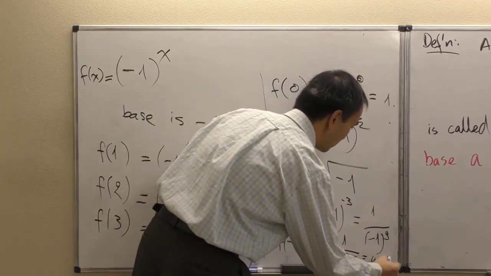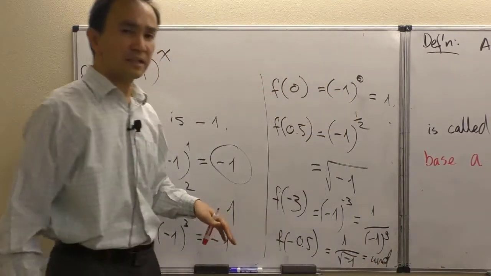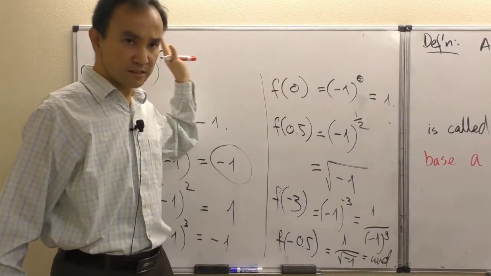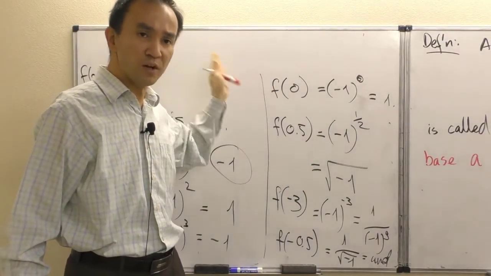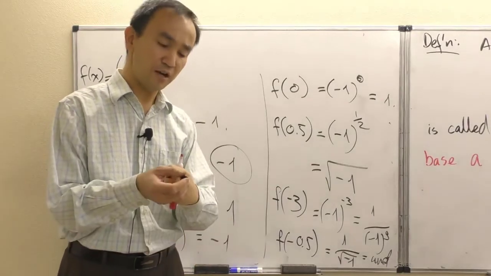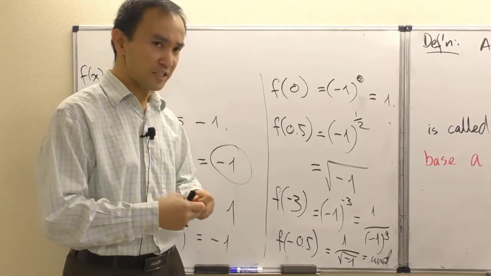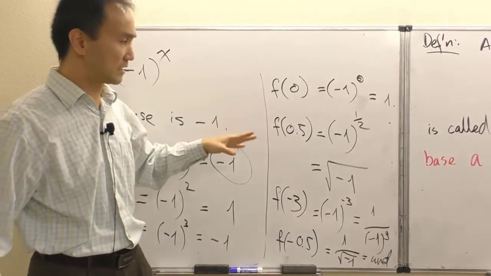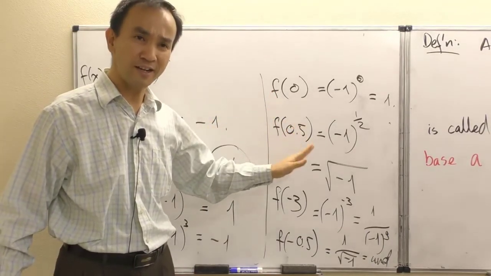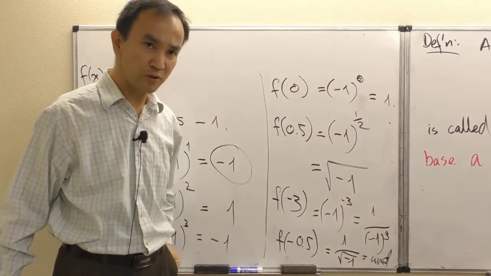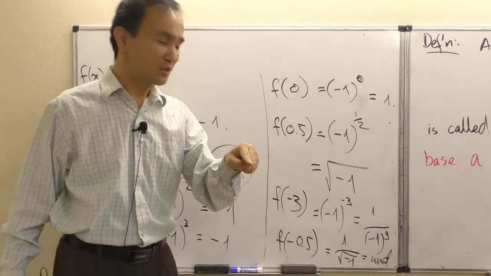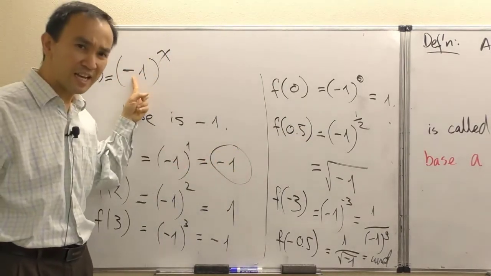Okay, so with this function right here, I'm not saying that we can't work with it. Again, that's what I have to emphasize. It's a function existing out there, but it's a lot more complicated than those we brought up earlier, and it's all due to the fact that the base here is a negative base.